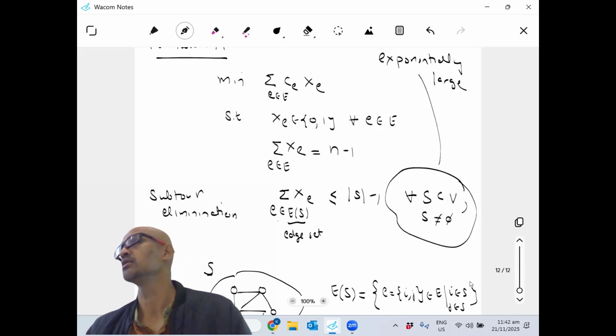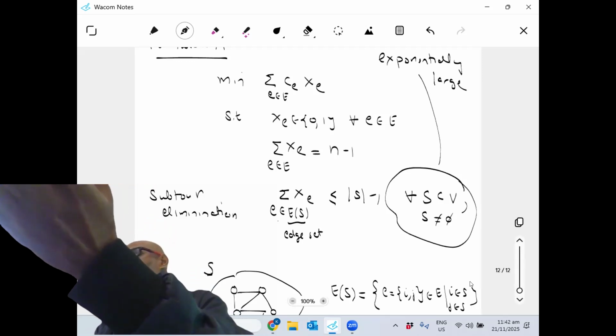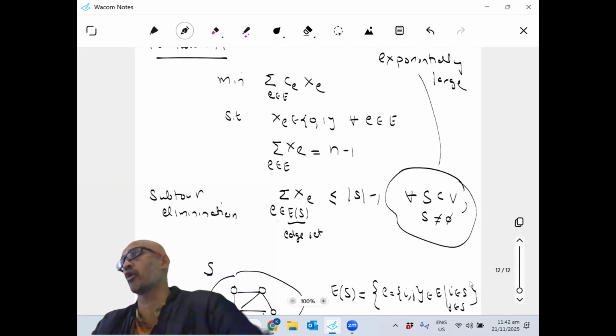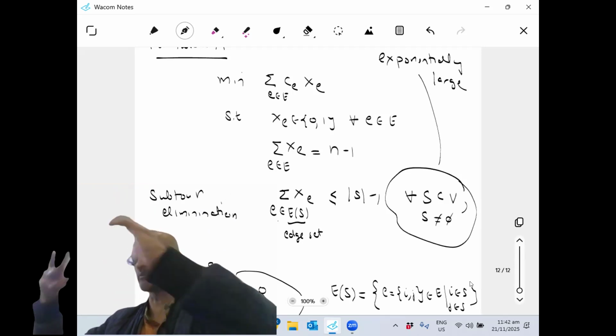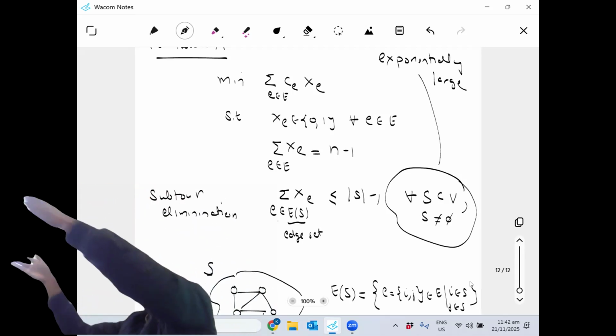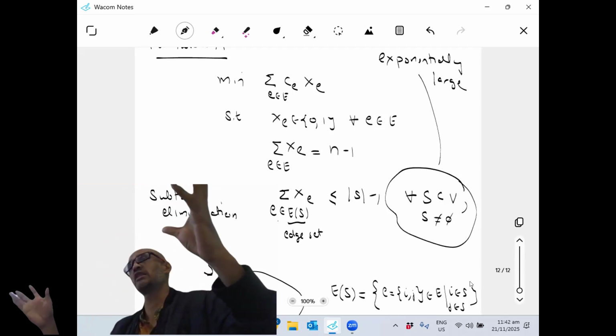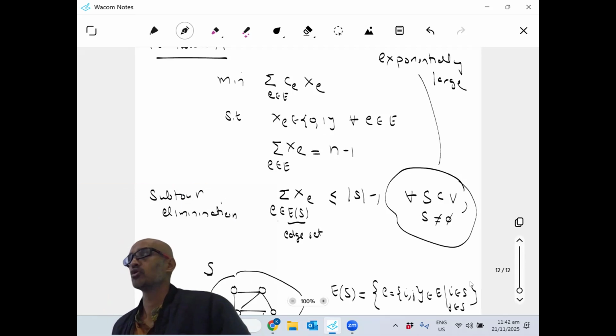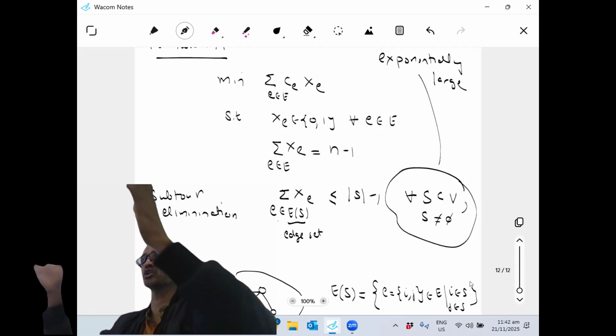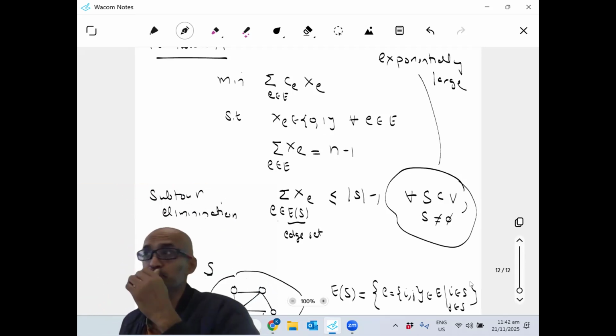Because what are we doing here? We are taking every subset of the vertices. I don't know beforehand where the subtours are going to be formed. When I'm solving an LP relaxation, I don't know if my subtour will be in these nodes or this node or this node. So I have to ensure that these subtours are eliminated throughout. So what I have to do is write down these subtour elimination constraints for everything.